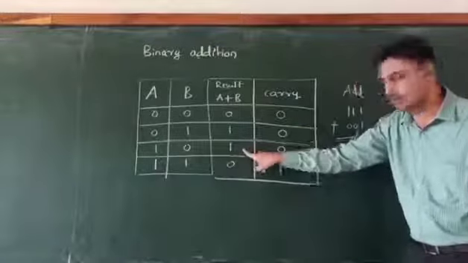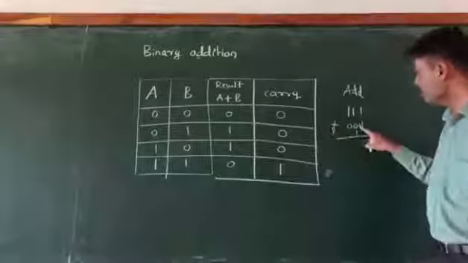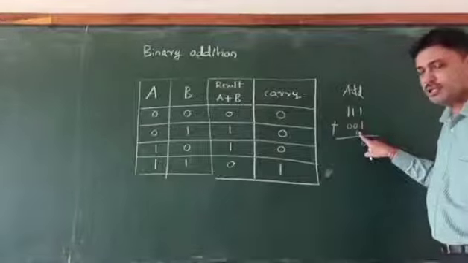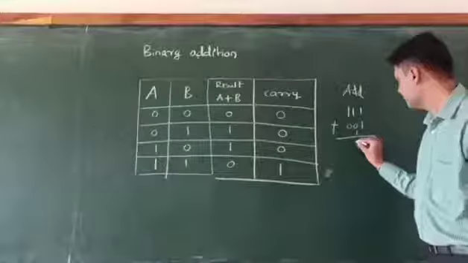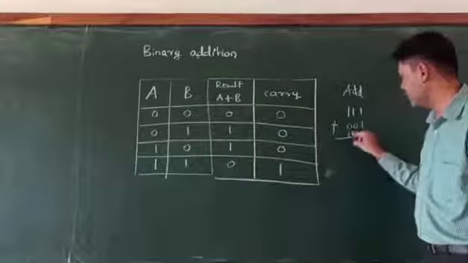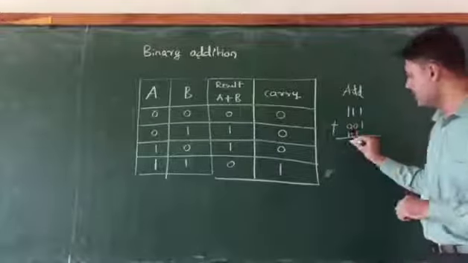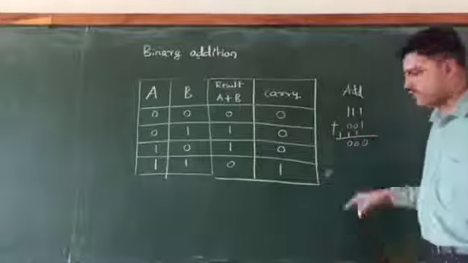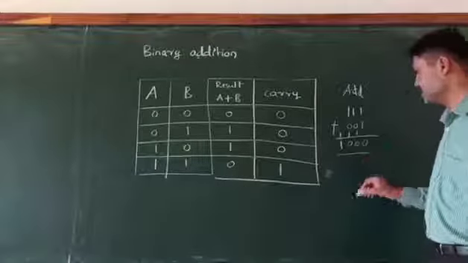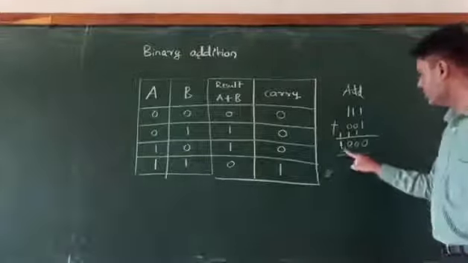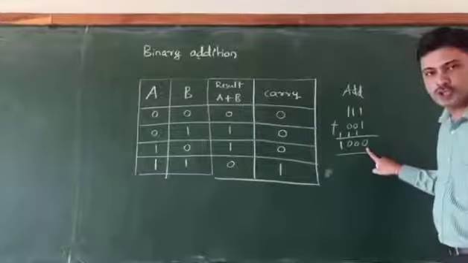Plus the carry 1, 1 plus 1 is 0. Again carry 1 here. 1 plus 0 is 1, plus 1 carry, 1 plus 1 is 0. Carry 1, write 1 as it is. Answer will be 1 0 0 0 here.